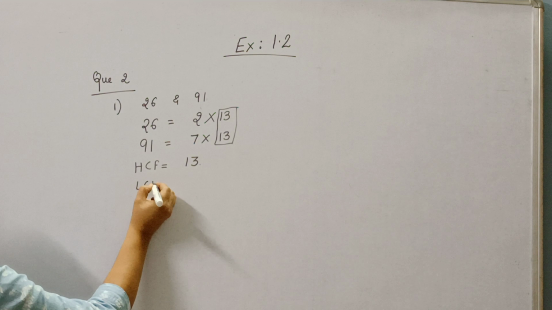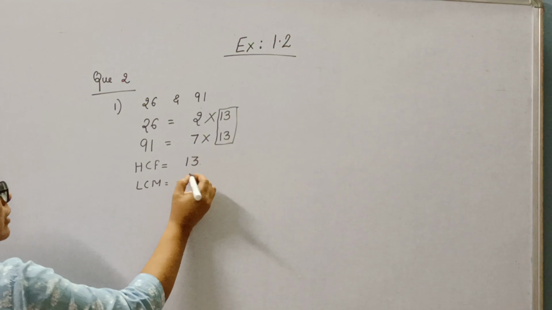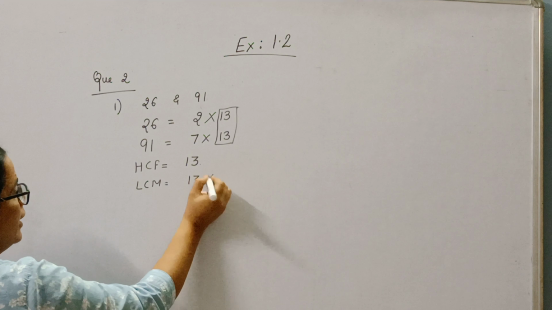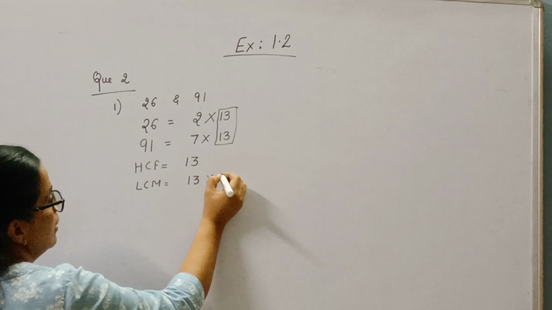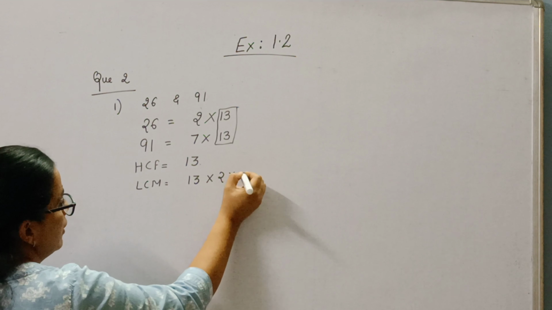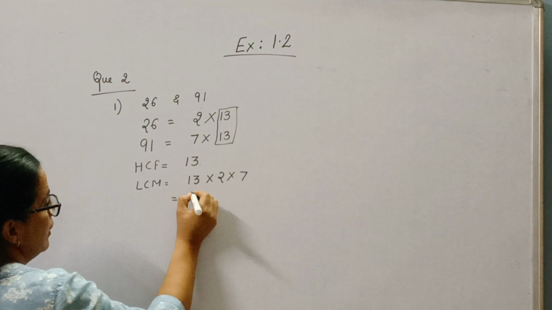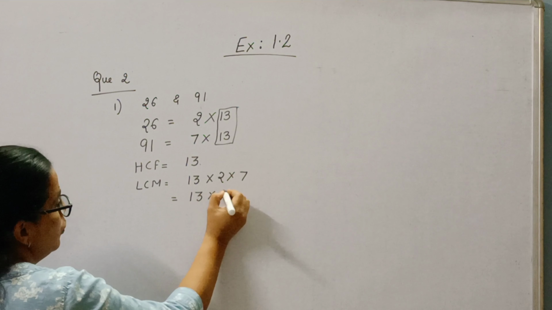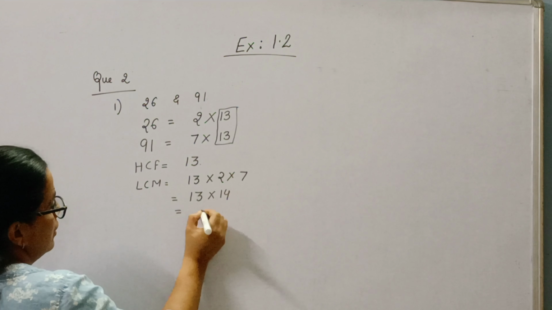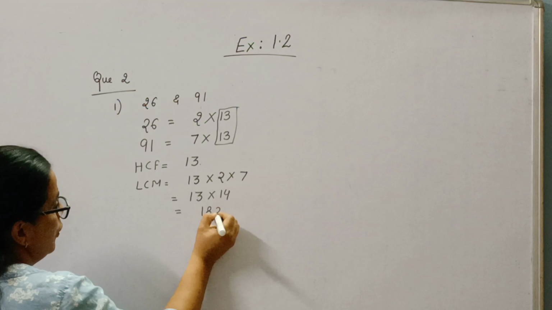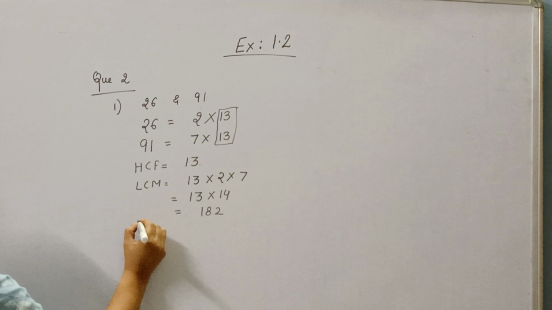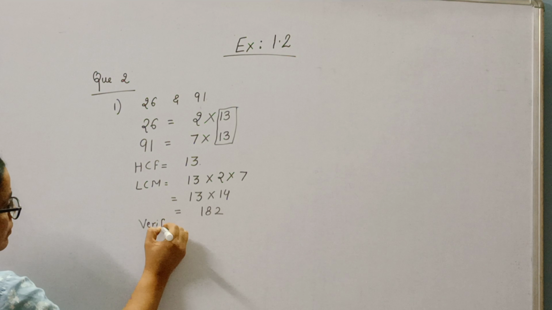Now LCM. To find the LCM, first take the common factors and then take the other factors left after the common factor, that is 2 and 7. So 13 into 2 into 7 is 182.